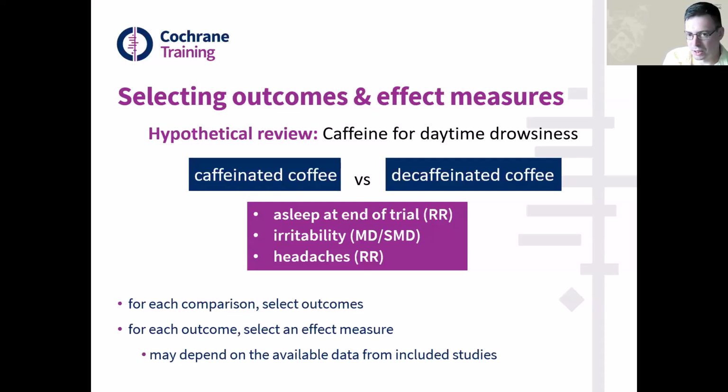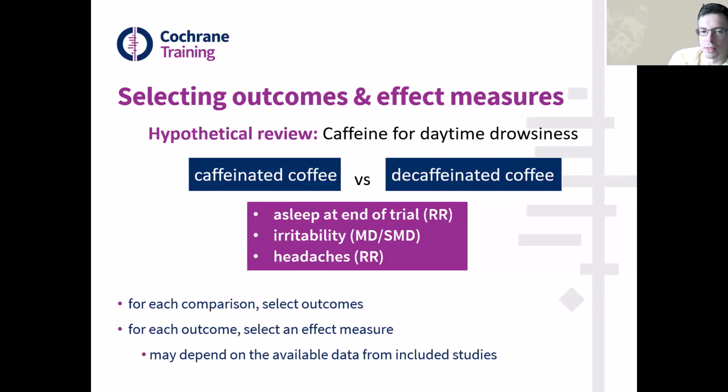So again, at the protocol stage, we're deciding on our outcomes and on what measure we want to use to analyze those outcomes, with a bit of caution that the effect measure may depend on what is available in the studies. For example, we might find that studies all report odds ratios instead, so we have to switch from relative risks to odds ratios as an example.